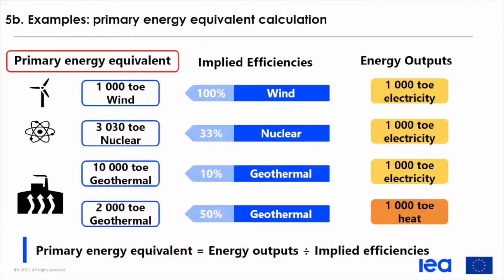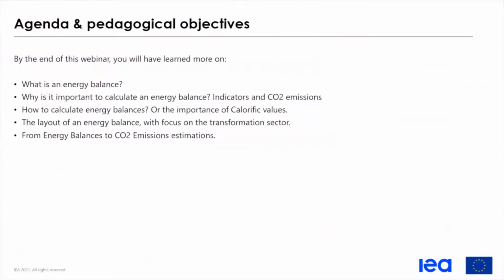In the case of geothermal electricity, as the efficiency is 10%, for 1000 TOE of electricity produced from geothermal, we need 10,000 TOE of geothermal. For geothermal heat, the efficiency is 50%. So for 1000 TOE of heat produced, we need 2000 TOE of geothermal.